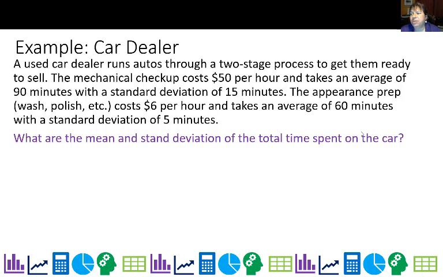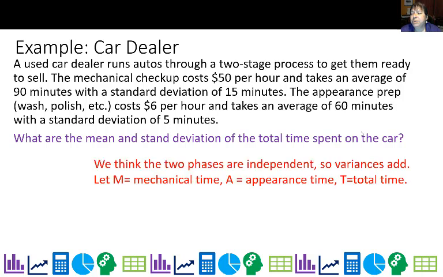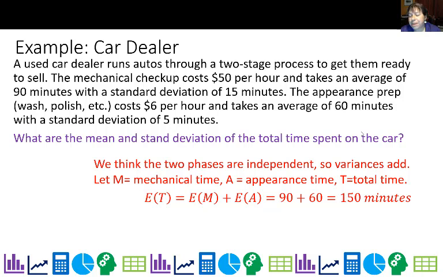So I can go ahead and just look at minutes right here. We think the two phases are independent, so variances add. So I have my mechanical time as m, a is my appearance time, and t is my total time. So my expected value for total is my expected value for mechanical plus expected value for appearance, which is just adding them, and you get 150. Easy peasy.